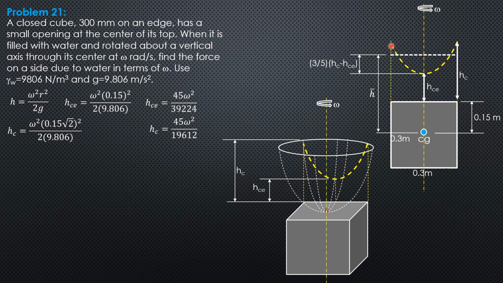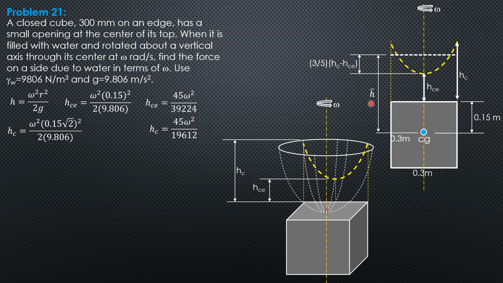And since this is a parabola, the location of the center of the parabola is 3/5 of its height from the vertex. The height of this parabolic surface is equal to H sub C minus H sub CE. Therefore, this is 3/5 of quantity H sub C minus H sub CE.